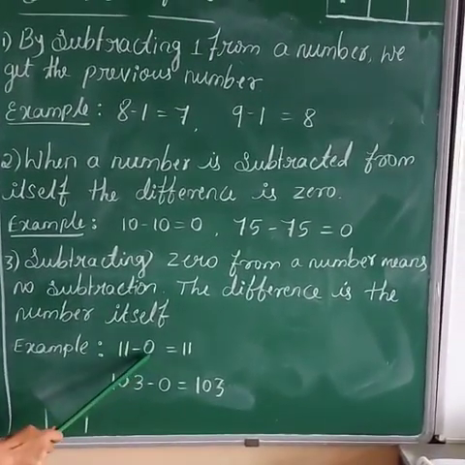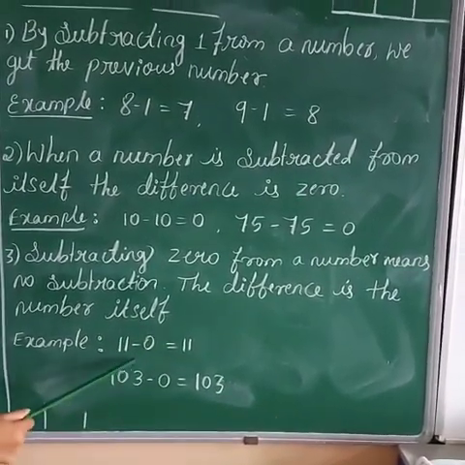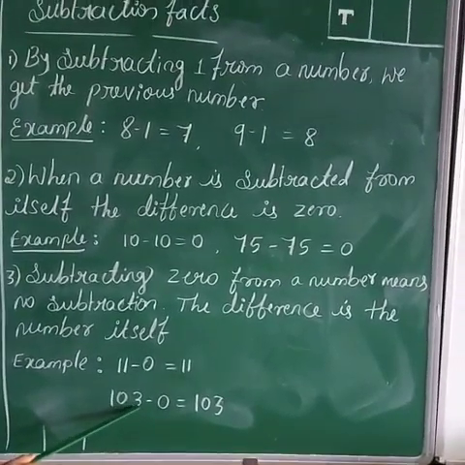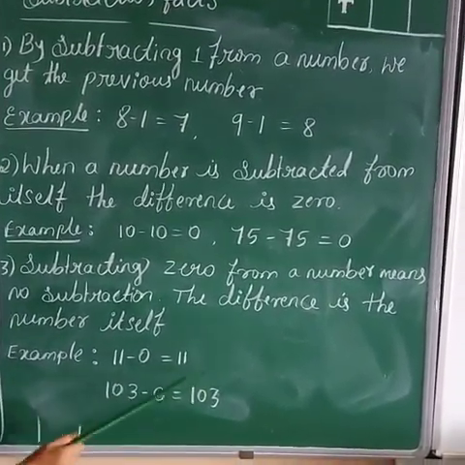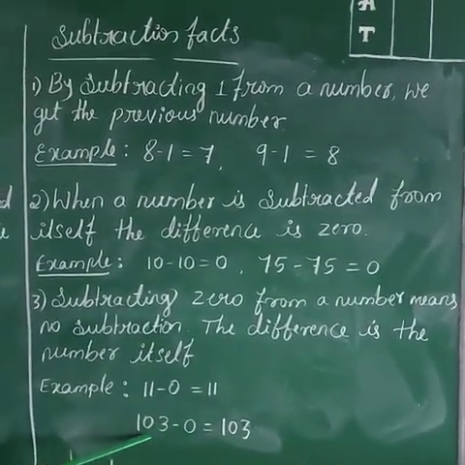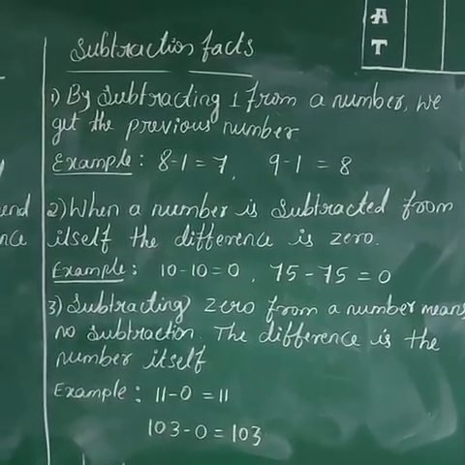So when you are subtracting nothing from a number, you get that same number, which means you are not doing any subtraction. The second example is 103 minus 0 is 103. It shows that when you subtract 0 from a number, you get the same number back.